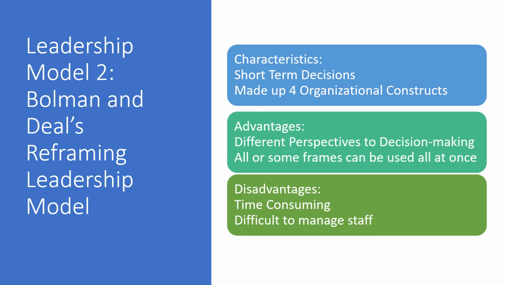Advantages of the Bolman and Deal reframing leadership model include: it provides different perspectives to decision making. All or some of the frames can be used all at once. Disadvantages of the Bolman and Deal reframing leadership model is it can be time consuming.